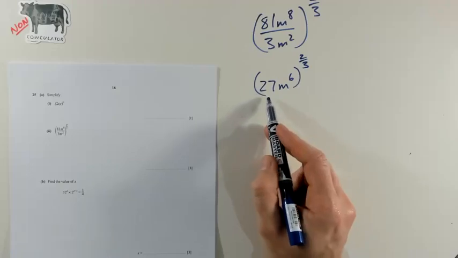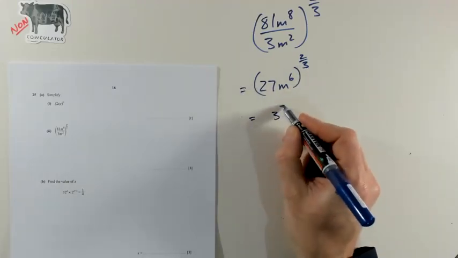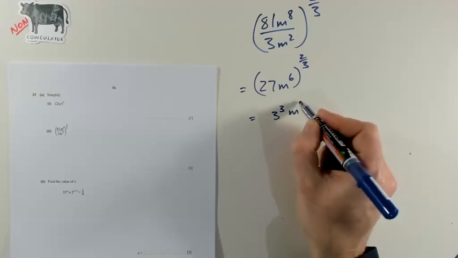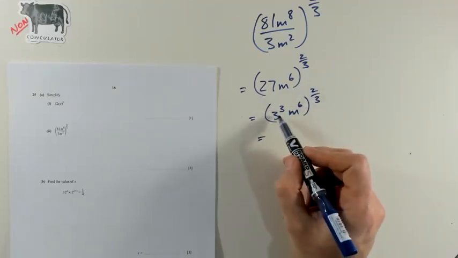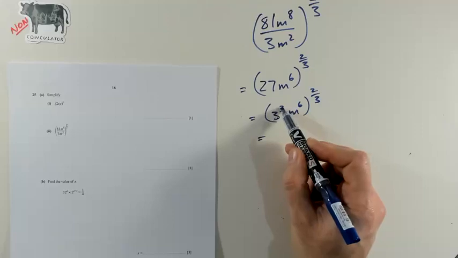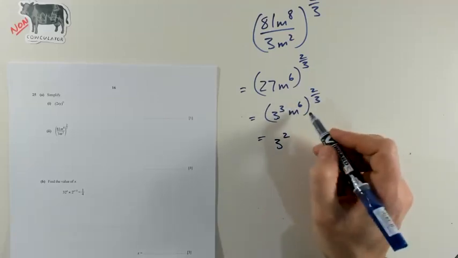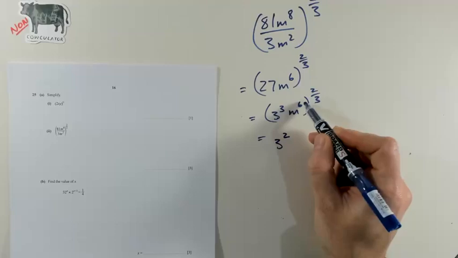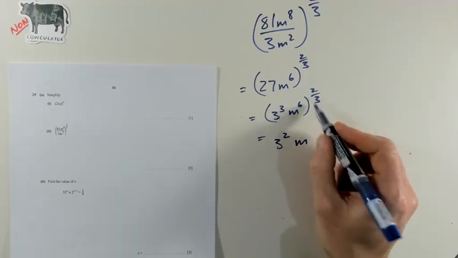And now the 27 I'll write as 3 to the power of 3, because that's a good idea to follow. So 3 to the power, well, this times that is just going to be 3 squared. And this times this is just going to be m. I'm just going to do it long quickly.